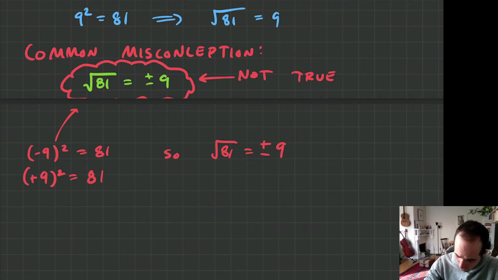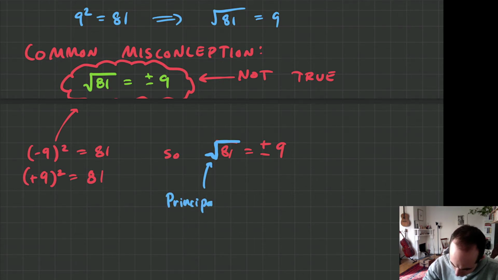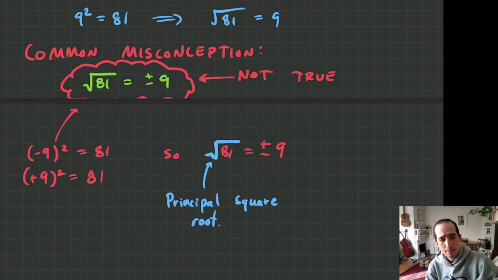It's a very reasonable thing to think. But this symbol right here means principal. Oops, that's supposed to be a P. Principal square root. That means that we're only taking the positive version of that root.